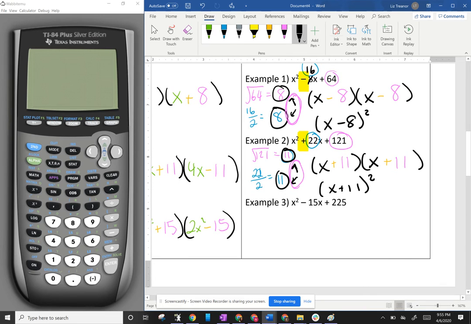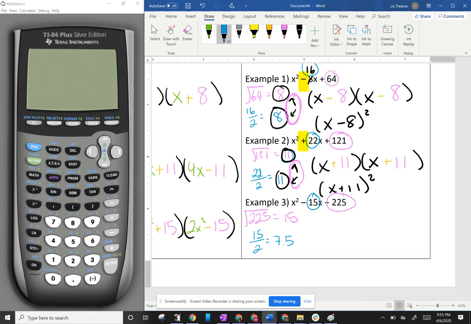So we have x squared minus 15x plus 225. The constant is 225. The square root of 225 is 15. Our linear coefficient is negative 15. We're just going to take the 15. 15 divided by 2 is 7.5.